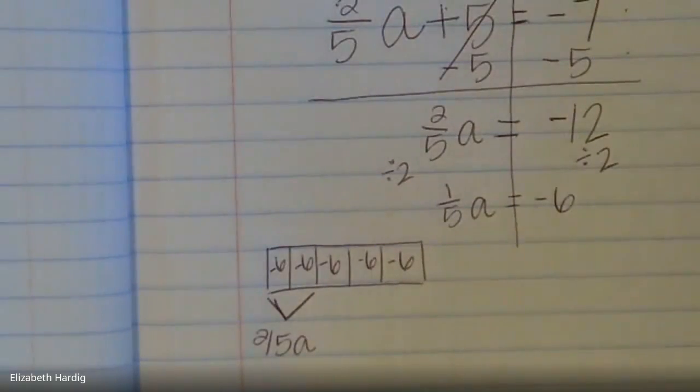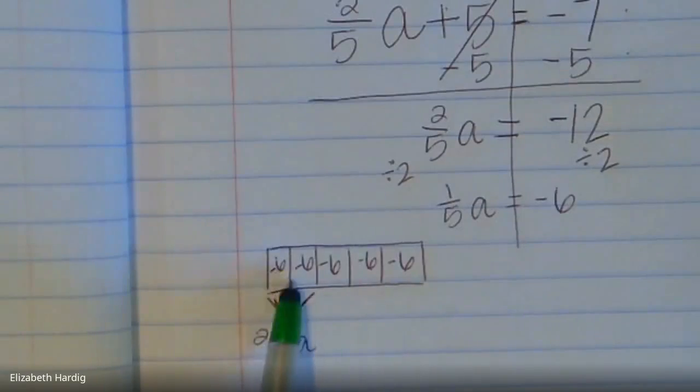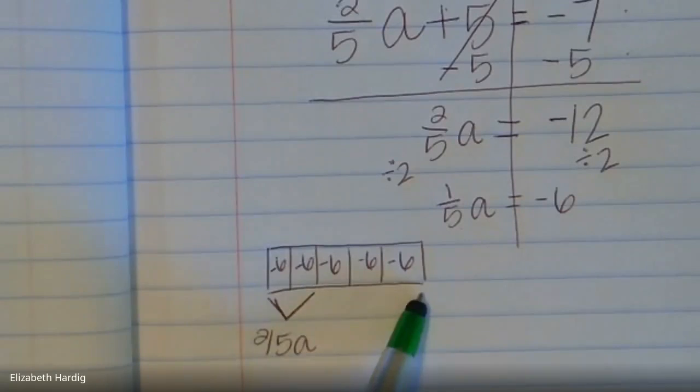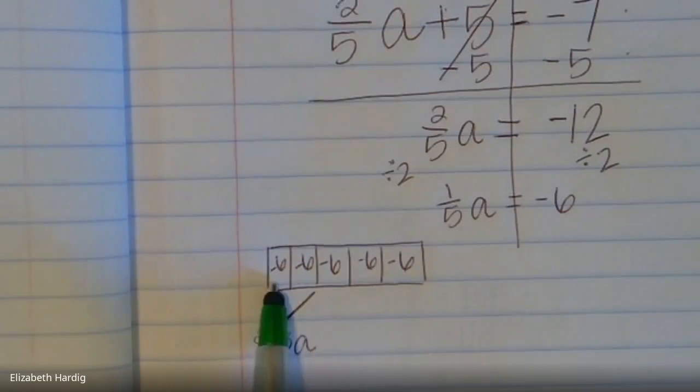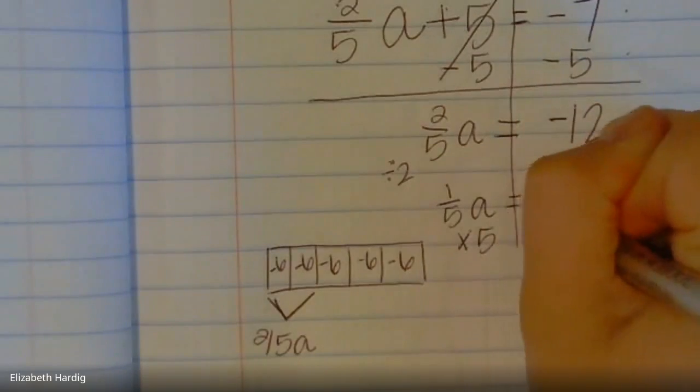Good. And how many -6s do I have? 5. So I technically could add them all up, right? But repeated addition is multiplication. So can I just multiply -6 times 5? 30. So I will multiply by 5.